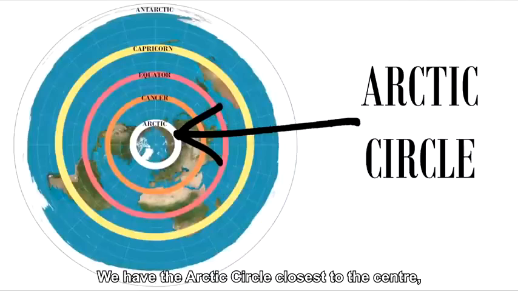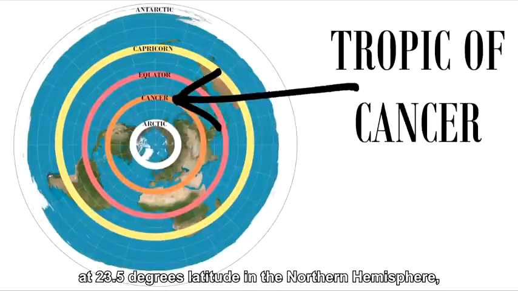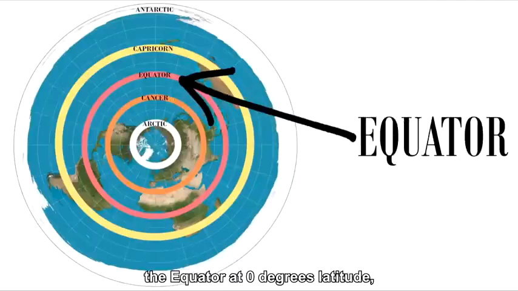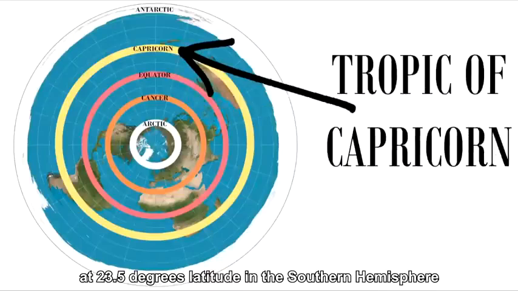We have the Arctic Circle, closest to the center, the Tropic of Cancer at 23.5 degrees latitude in the northern hemisphere, the Equator at 0 degree latitude, the Tropic of Capricorn at 23.5 degrees latitude in the southern hemisphere, and the Antarctic Circle.